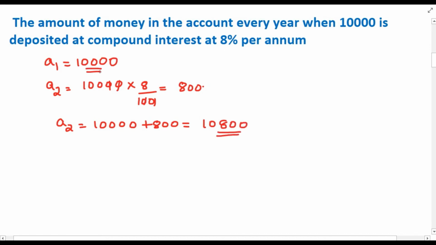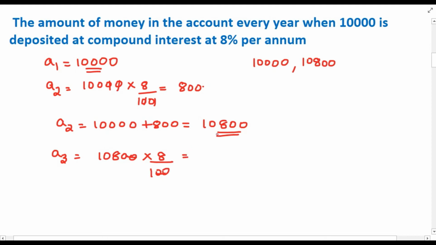So this is our first term, 10,000. Again, second term is 10,800. Now we need to find the third term, interest calculated on increased principal. So we need to calculate 10,800 into 8 by 100.